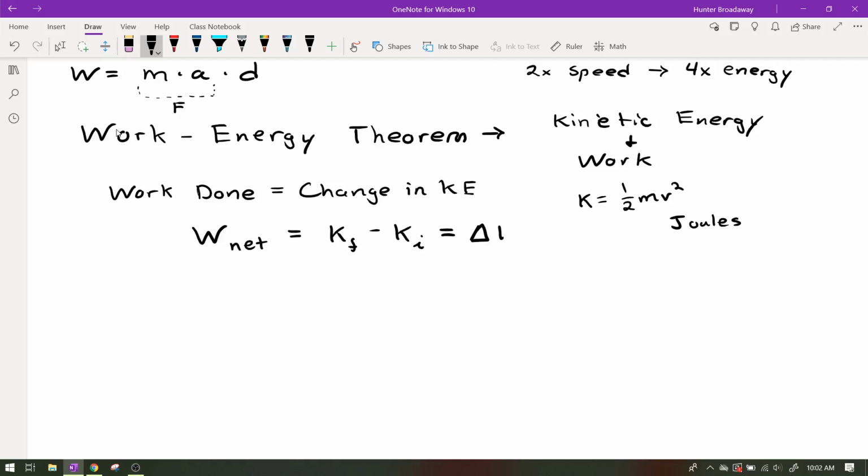Another way to write it is just delta K. If you don't want to write out Kf minus Ki, you can write delta K and it means the exact same thing: the change in kinetic energy.